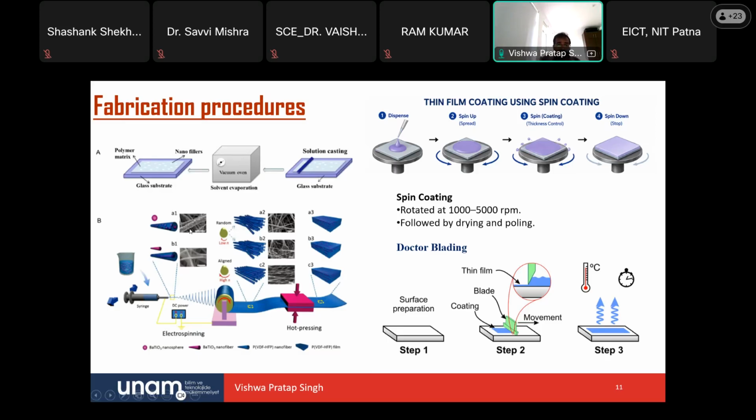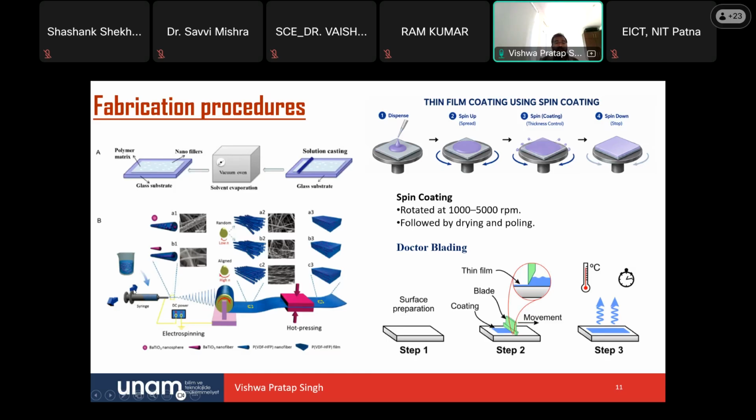Another way is this electrospinning process. The electrospinning process actually uses a high electric field. You can have this metallic drum on which you apply a negative electrode against this polymer.